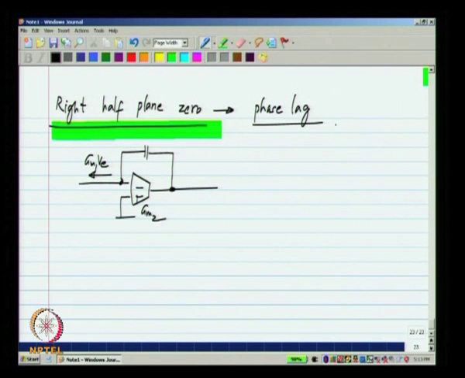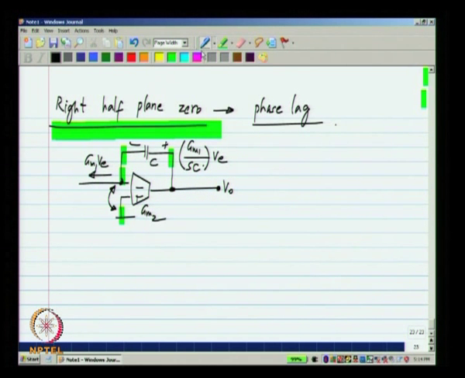Now, what happens if we do this? This GM1 VE will pass through the capacitor and it causes a voltage drop GM1 by SC times VE, and this is exactly the voltage that we want, but this is not the voltage that appears as VO, because that is equal to the voltage across the capacitor plus the voltage between this point and ground. Now, I have assumed that there is no load or anything like that.